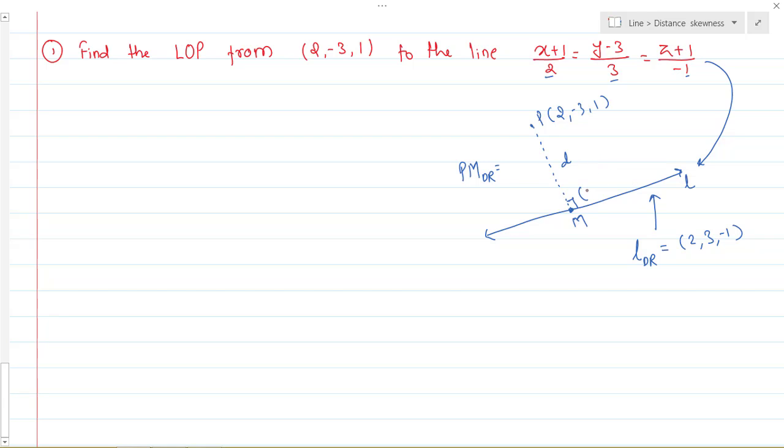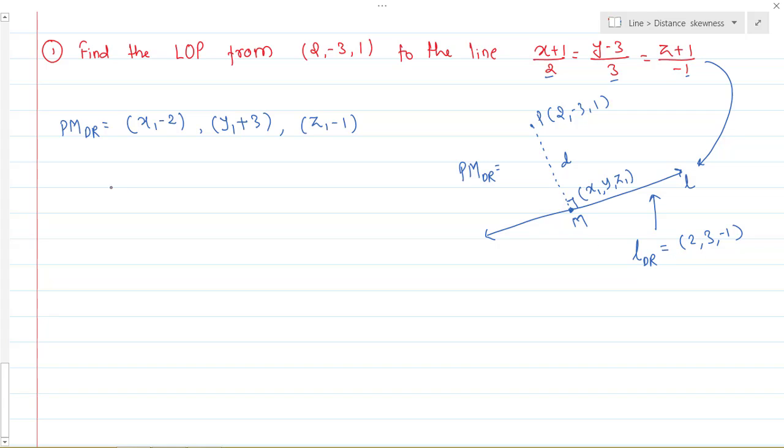So let's consider we will take the coordinates of this point M as x1, y1, z1. Then what will be the direction ratios of the PM? PM direction ratios will be x1 minus 2, y1 plus 3 and z1 minus 1. This we have already studied in the vectors. Okay, so this is the two-point form of the direction ratio.